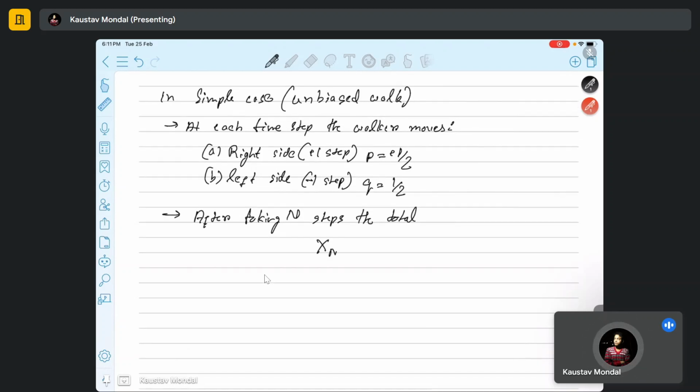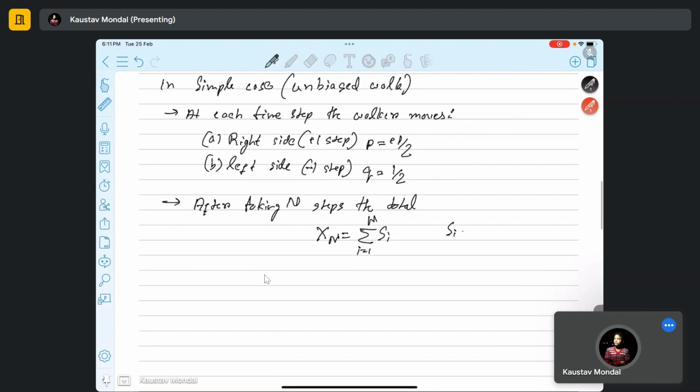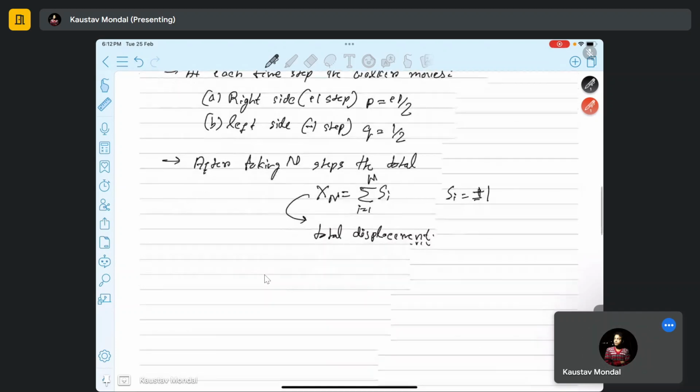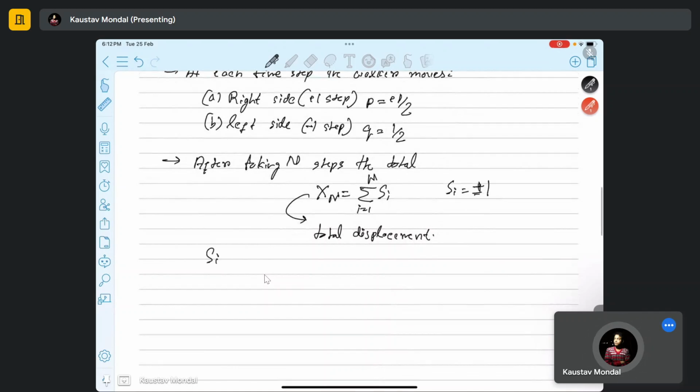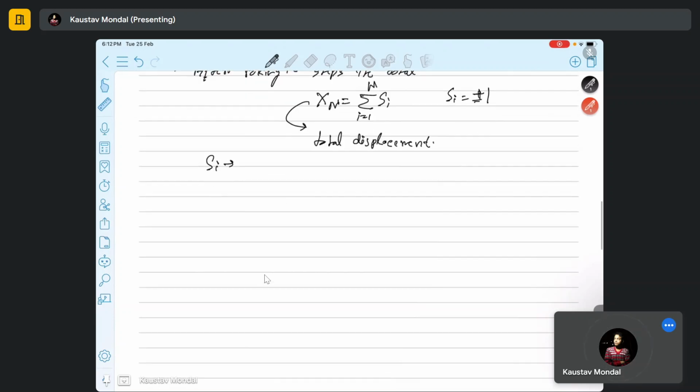After taking n steps, xn will be the summation of i equal to 1 to n of si, where si can take value plus 1 or minus 1. So this will be the total displacement. Each si is independent of the values of the other displacements.